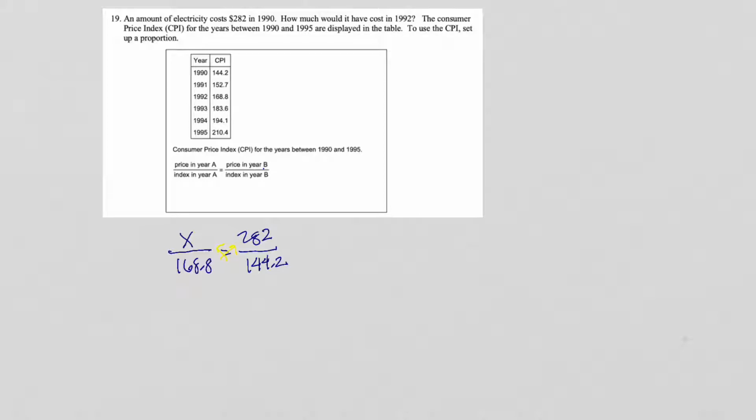So let's see, what are we going to get here? We'll get 144.2x equals 168.8 times 282.